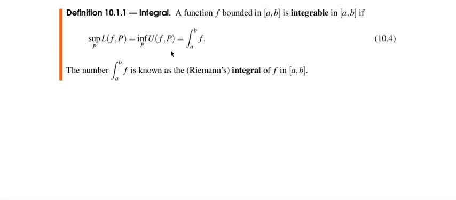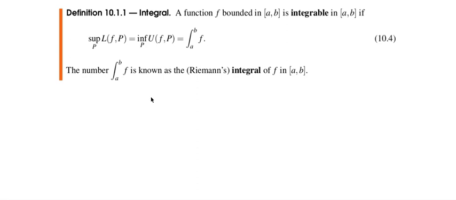That means that if we get the partition for which we can make the lower sum as great as we can, that's the supremum, it has to be equal to the infimum of the upper sums. That means that this strategy with the rectangles will coincide. Both the upper sum and the lower sum will merge together in the same value, and that value is what we call the integral between a and b of this function f.